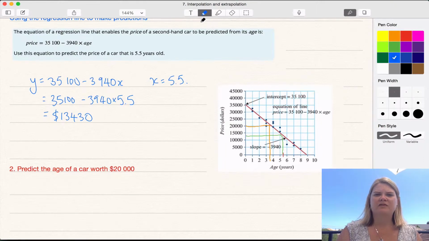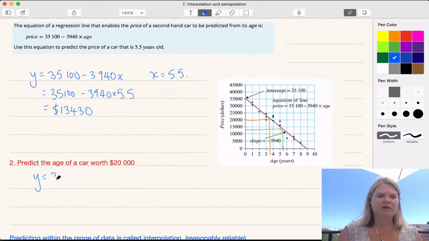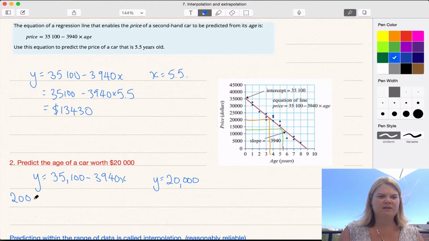But if we are trying to calculate more precisely, we need to use our equation again. First step, write your equation out: 35,100 take 3940x. This time we're going to make y equal 20,000. So 20,000 equals 35,100 take 3940x.